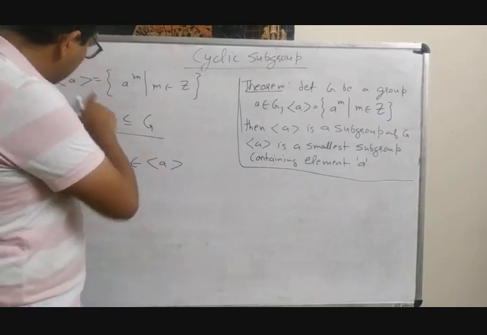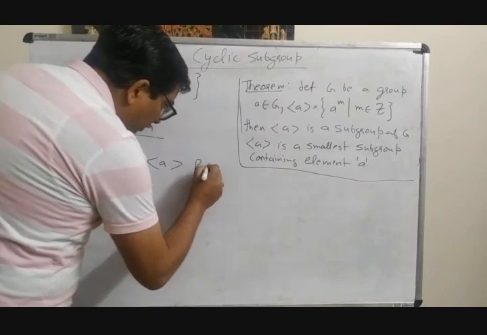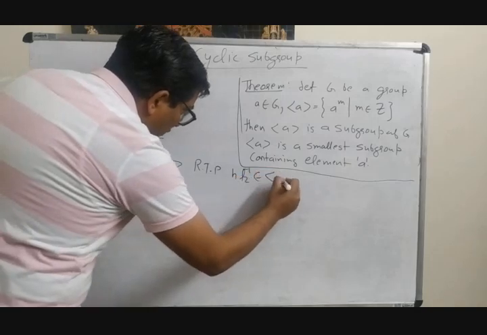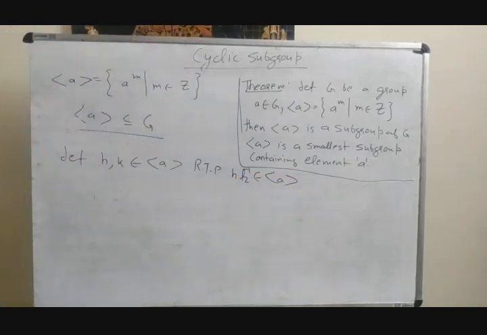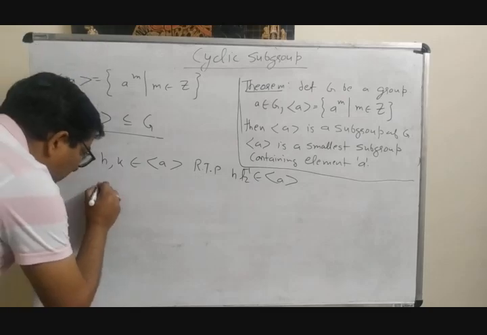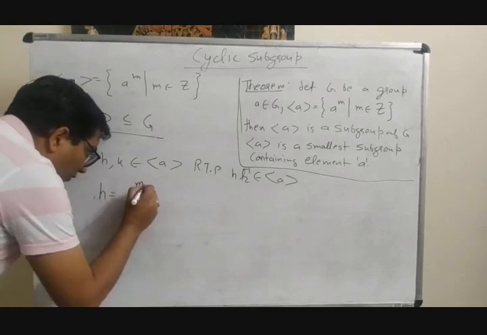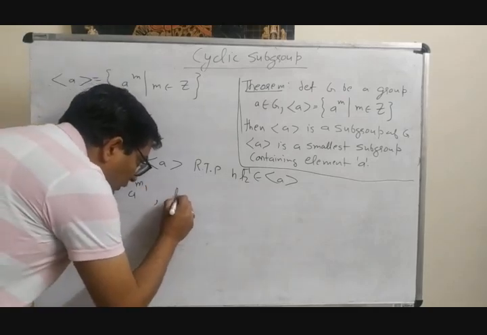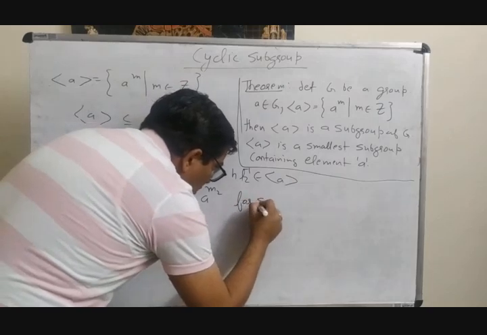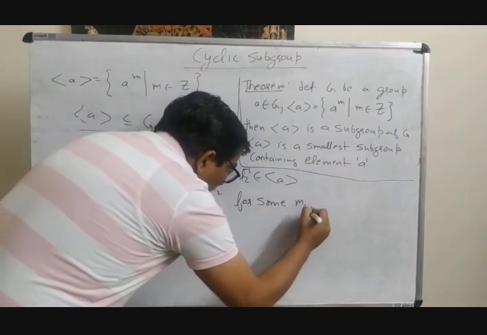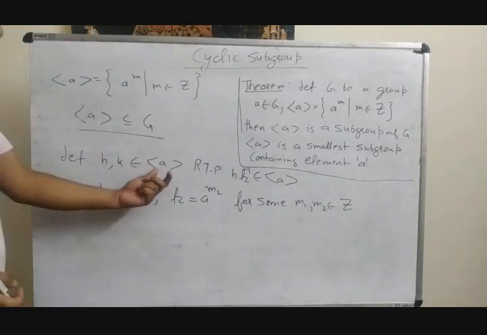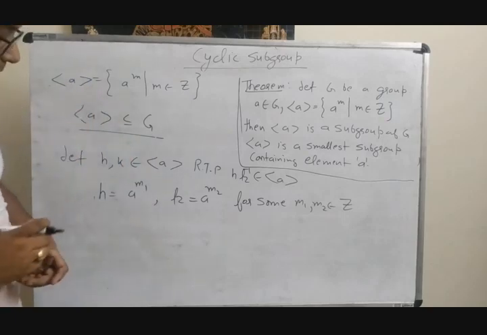Since h and k belong to this set, h equals a raised to power m1 and k equals a raised to power m2 for some m1, m2 belonging to Z, by the definition of the set.